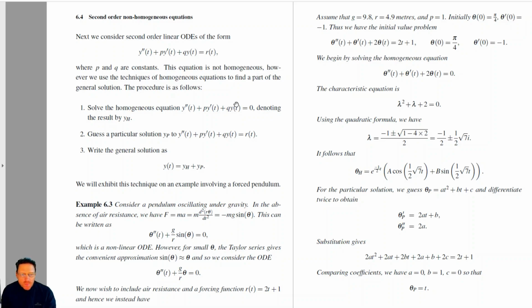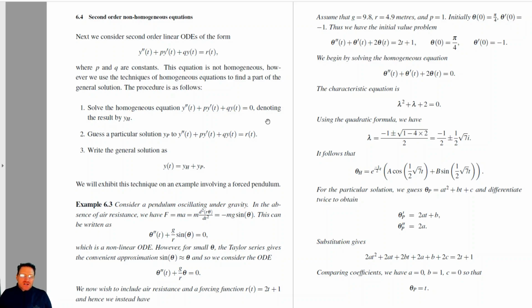So step 1 would be to solve the situation as when it were equal to 0. In other words, solve the homogeneous equation and call that solution y subscript h. And then you guess a particular solution y subscript p that is based on the way that r of t looks as a function.